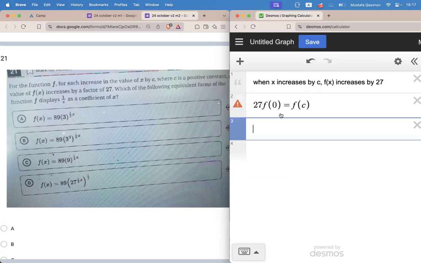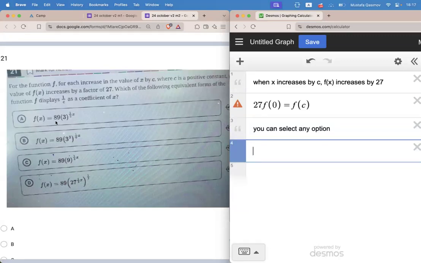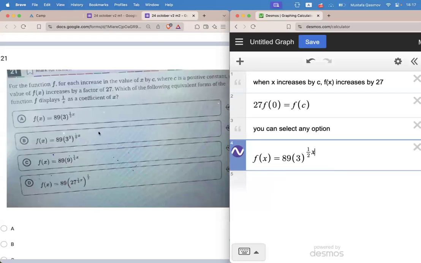Okay. Then let's take this function. You can select any of them. You can select any option because all of them are the same. Let's select A. f of x is equal to 89, 3 to the power of 1 over 2x.